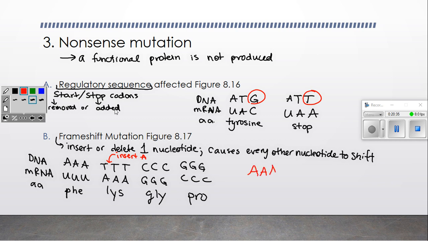The first codon, still AAA, but now the second one is TAT. This T that's left over will be the beginning of the next codon, TCC, then CGG, and then a G all by itself.